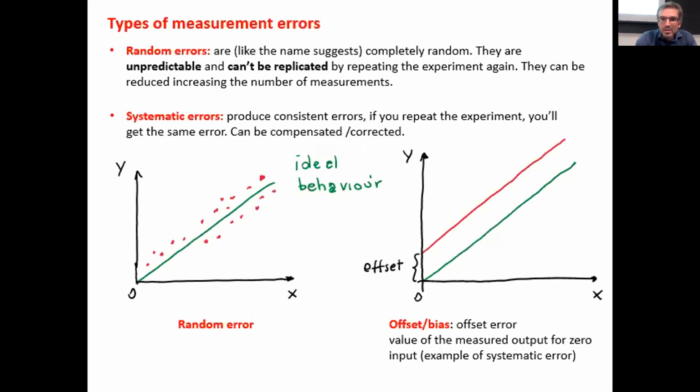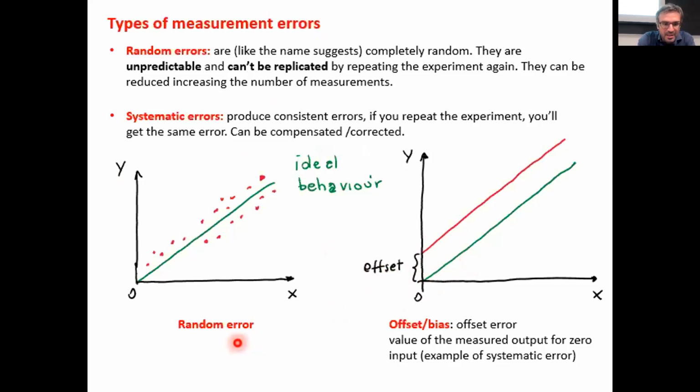In general, random errors are modeled as white noise, which has a constant power spectral density at all frequencies, or as a Gaussian distribution, which in this case is called additive white Gaussian noise. So in this case, you have a normal distribution with zero mean and some variance.